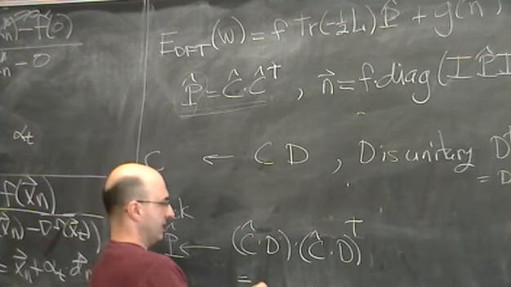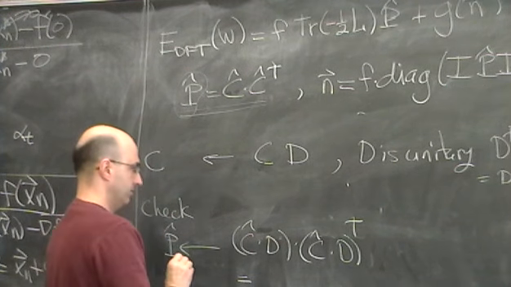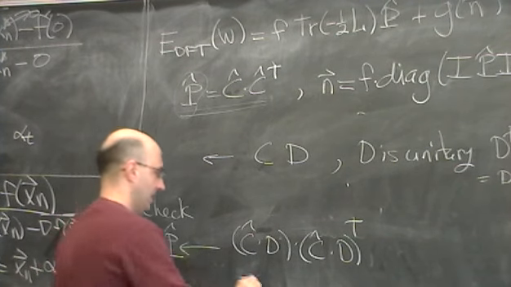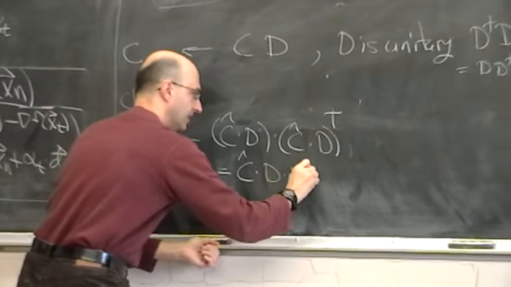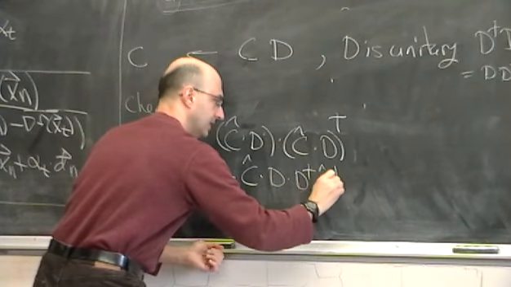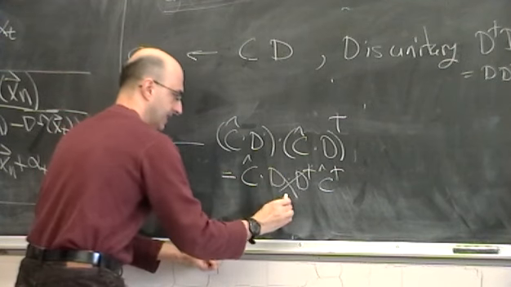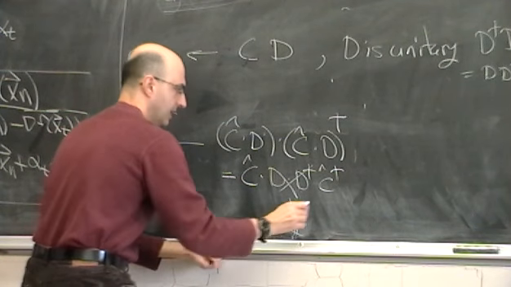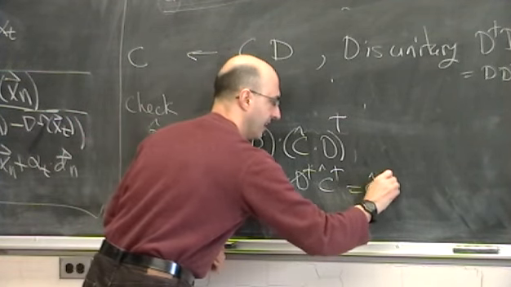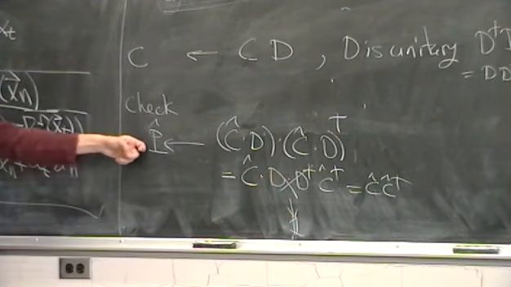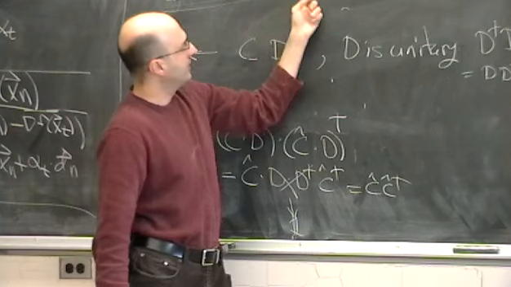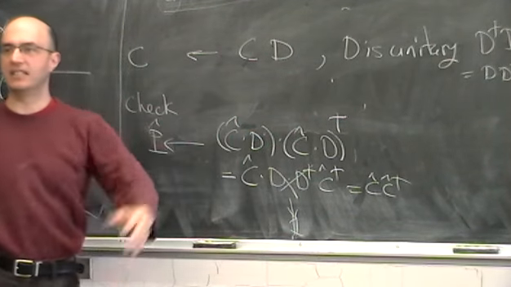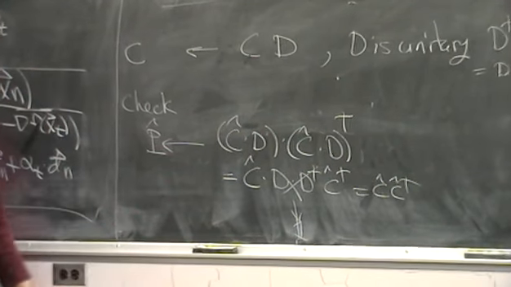And then that just gives me C times D dagger times C dagger. D dagger D is the identity because it's unitary. And I have left the density matrix invariant, and therefore, since the kinetic energy only depends upon it, and the density also is dependent only on it, the entire energy is invariant under this.